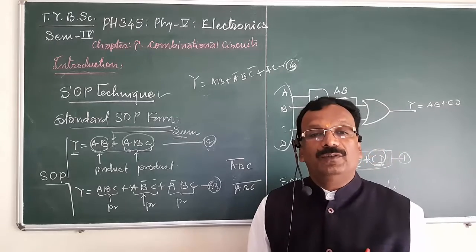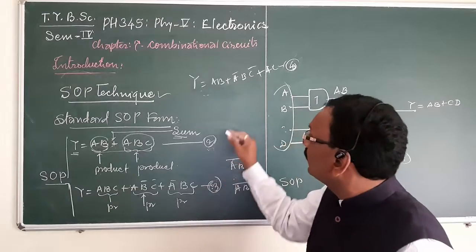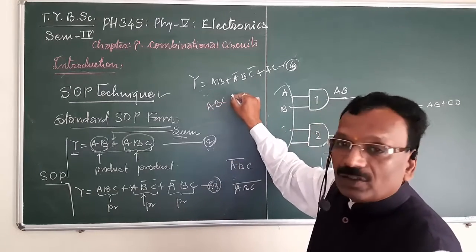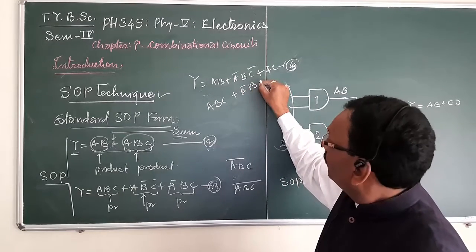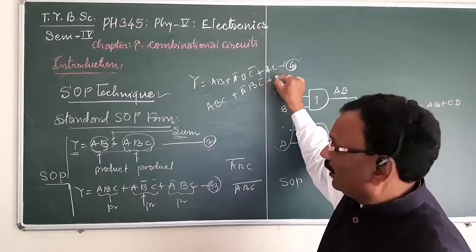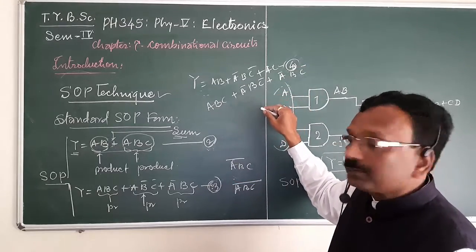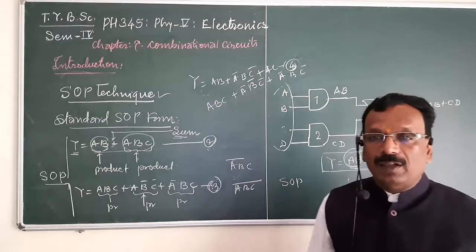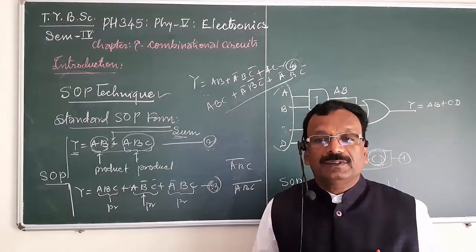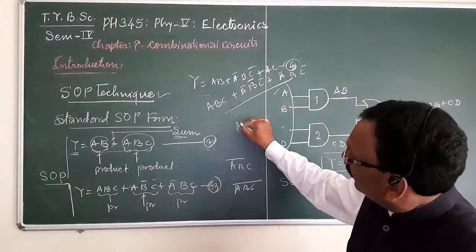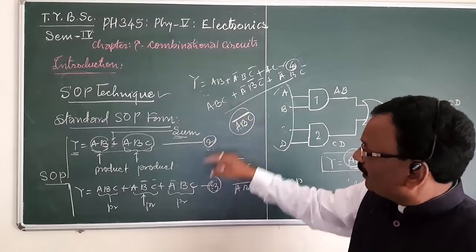Thus SOP forms always have terms like A B C or A bar B C bar, but not like an extended bar over several variables. This type of term is not found here.